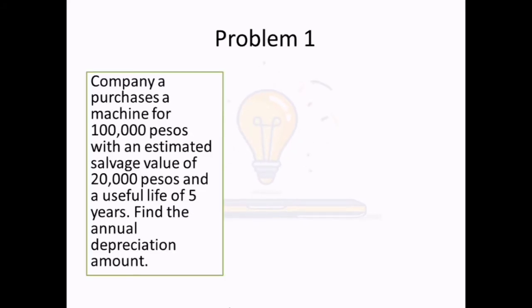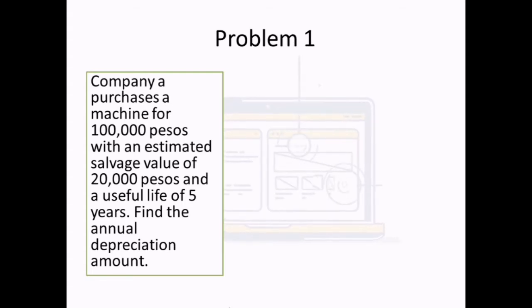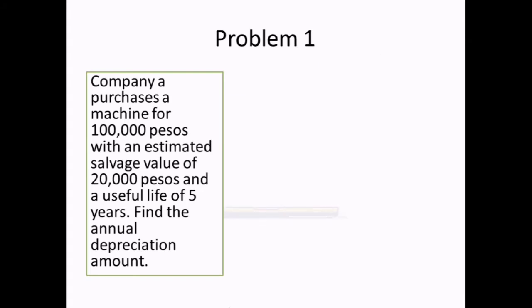So for problem 1, company A purchases a machine for 100,000 pesos with an estimated salvage value of 20,000 pesos and a useful life of 5 years. Find the annual depreciation amount.